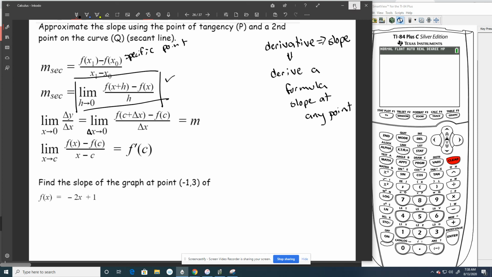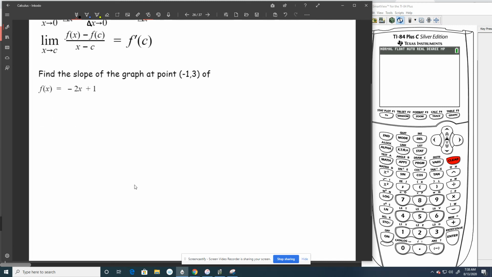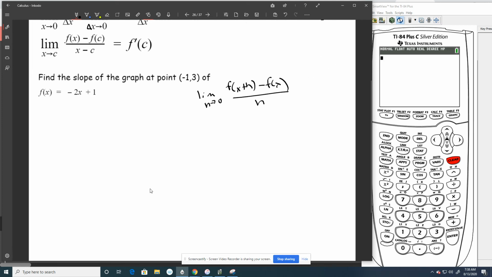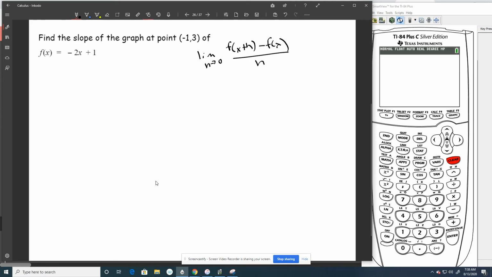So basically what we're doing is taking this, and I'm going to write it down here so we can use it: f of x plus h minus f of x over h, and we've got the limit as h goes to 0. So I'm going to apply this limit to my function right here.